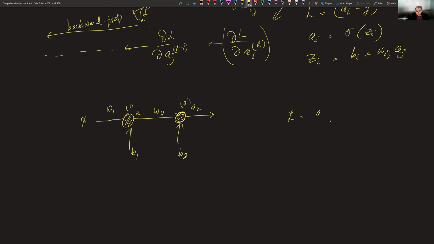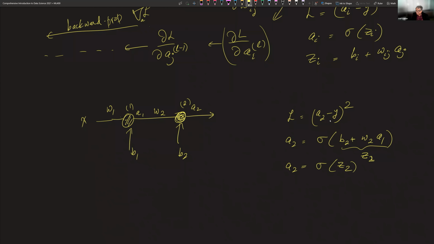Loss is a function of (A2 minus Y) squared. A2 is a function of the activation of B2 plus W2 A1. The input to this is A1, the activation of the previous neuron. And this is the same as Z, right? So you can say A2 is the sigmoid of Z2.